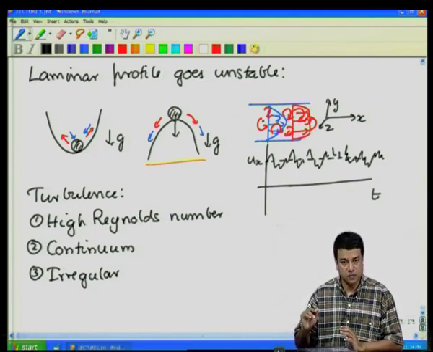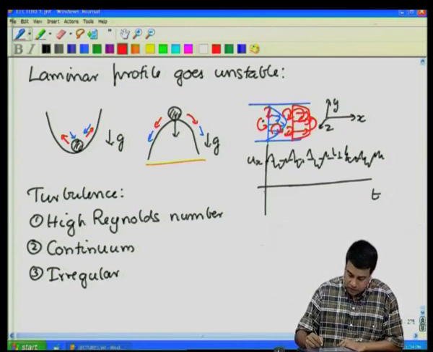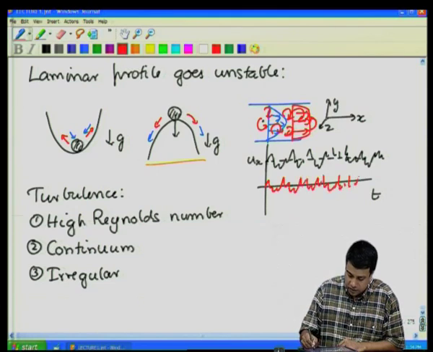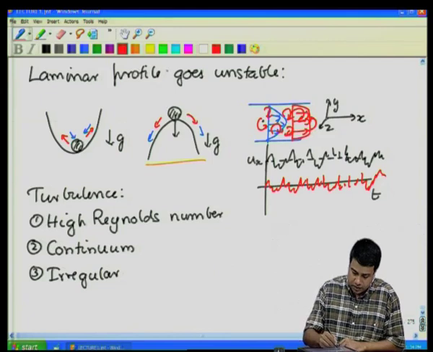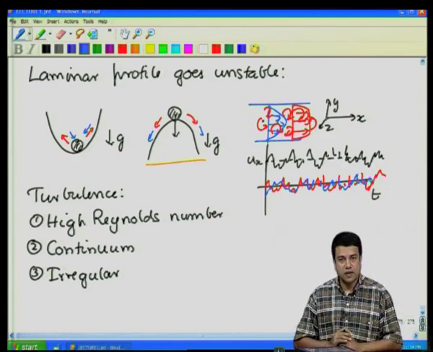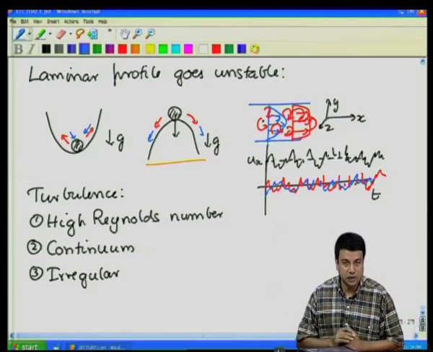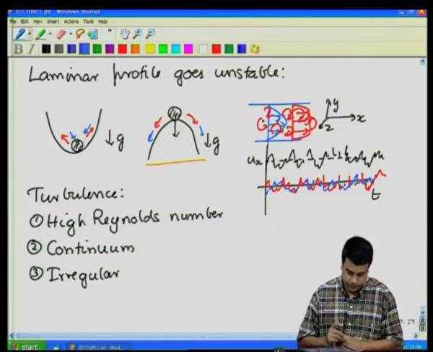So, the y velocity will also fluctuate, even though the mean y velocity is equal to 0, and you will have fluctuations in the z velocity as well. So, it is a highly irregular flow with fluctuations in all three directions at each point in space.